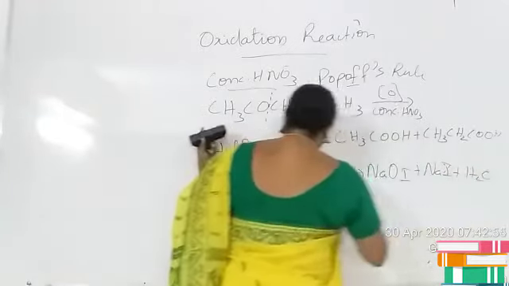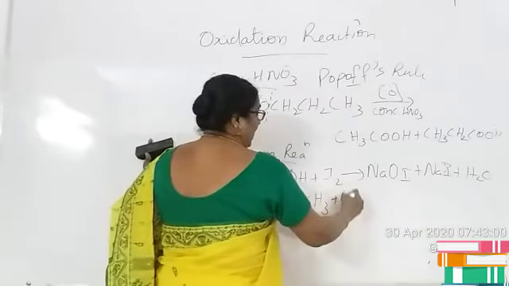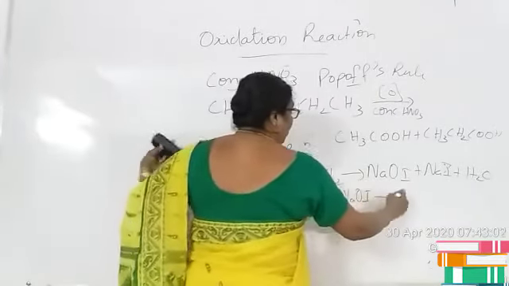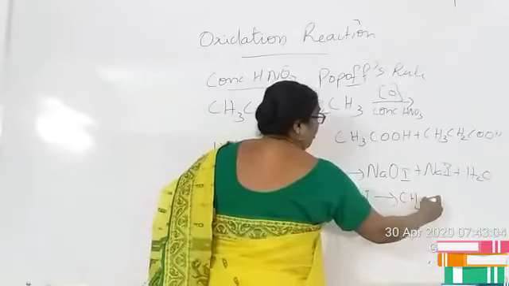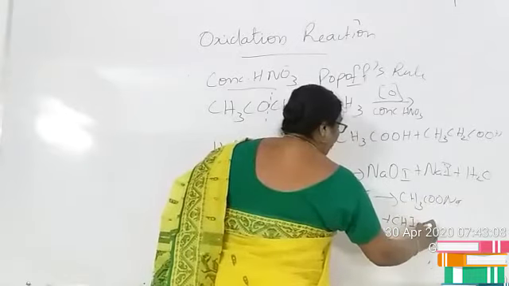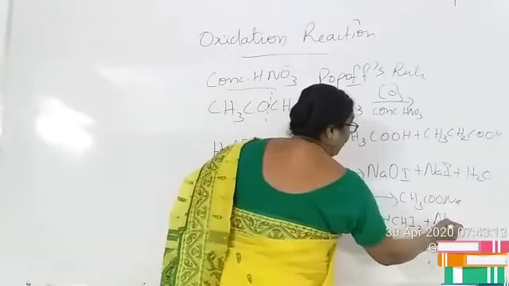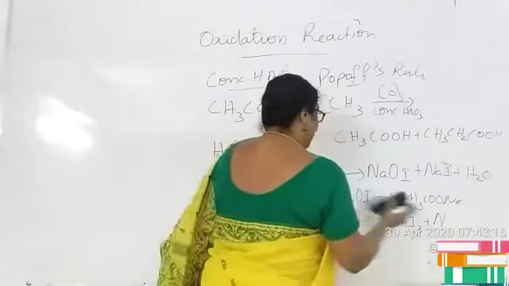In the next step, suppose we take propanone. Propanone undergoes reaction with NaOI and gives the sodium salt of the corresponding acid plus a yellow precipitate of iodoform. The yellow precipitate of iodoform will form, and along with this you will also get water.